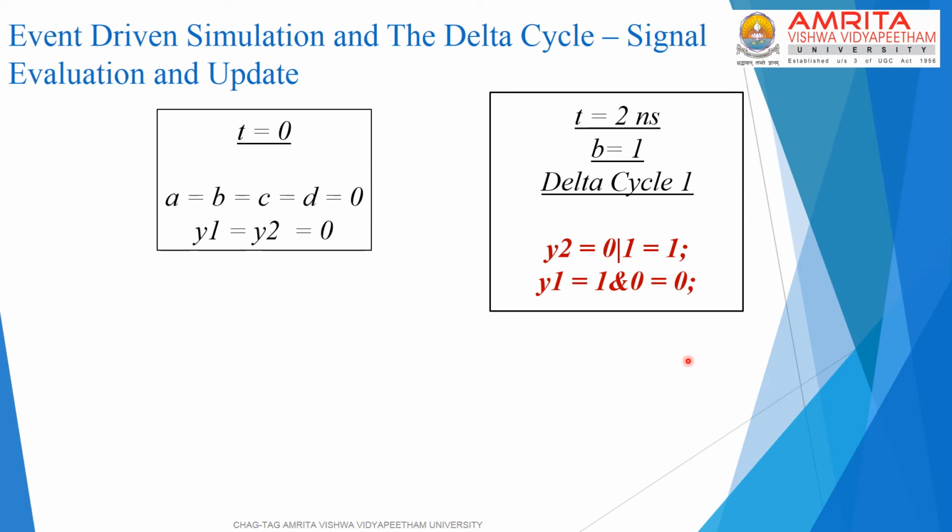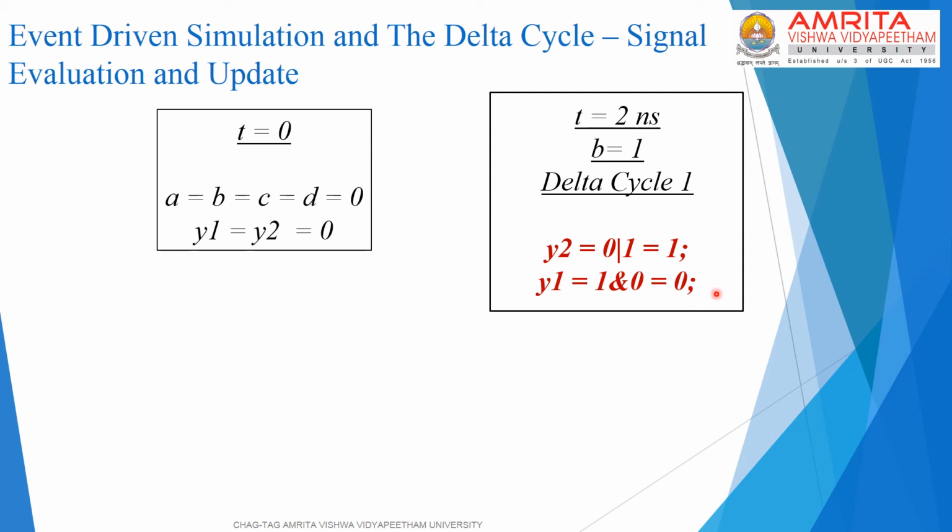Y2, which was initialized to 0, now is updated to logic 1, whereas the value of Y1 remains unchanged in this computational cycle. So at the end of delta cycle 1, the value of Y2 is updated to 1 and Y1 remains at 0.